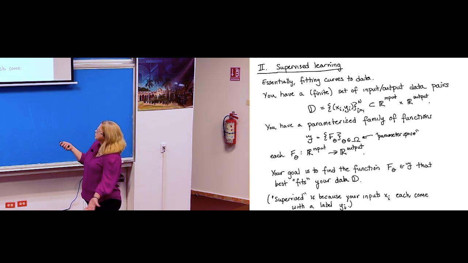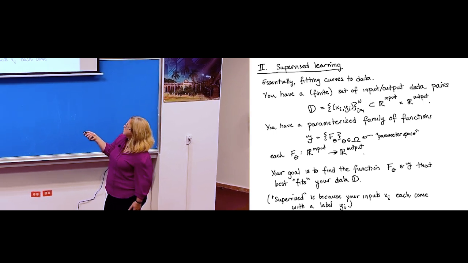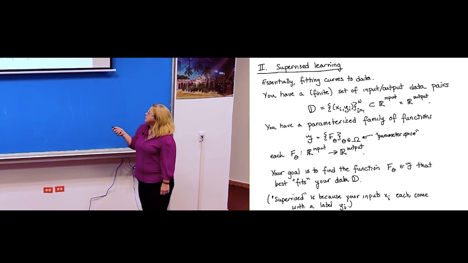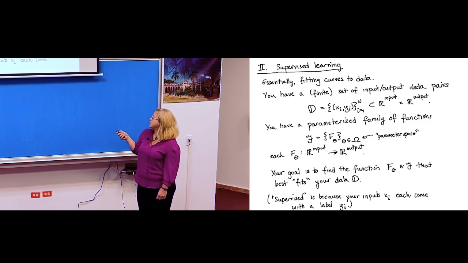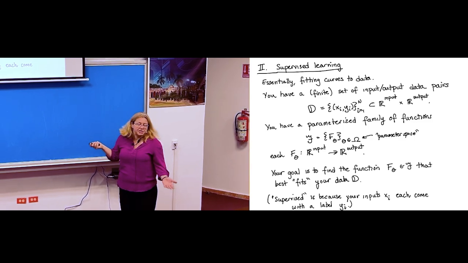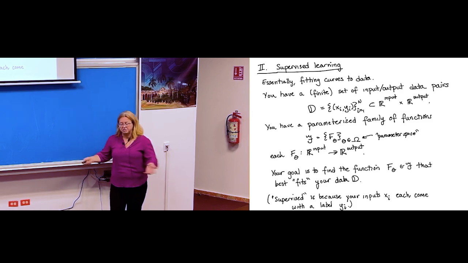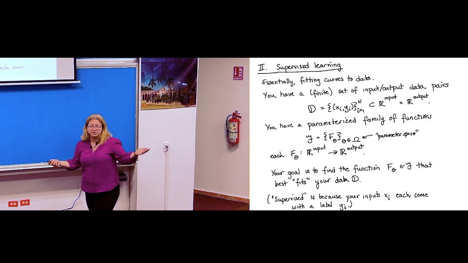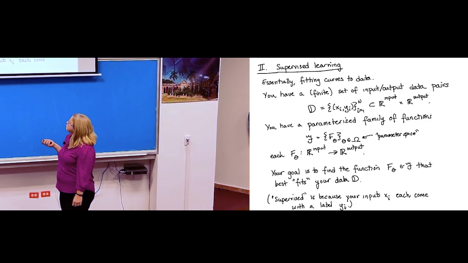And the goal of machine learning, deep learning, is to find the function f theta in your family that best fits your data. Basically, you've got some collection of functions, find the one that best matches your data.